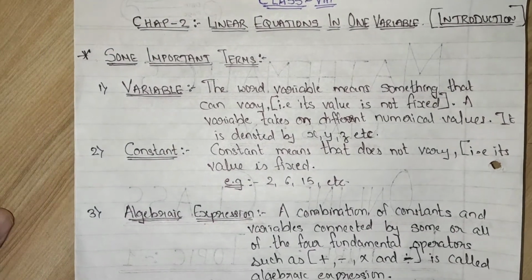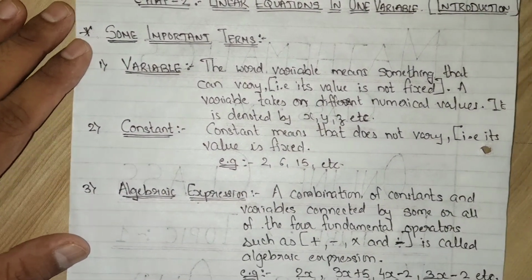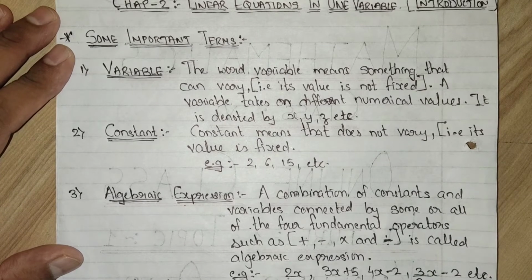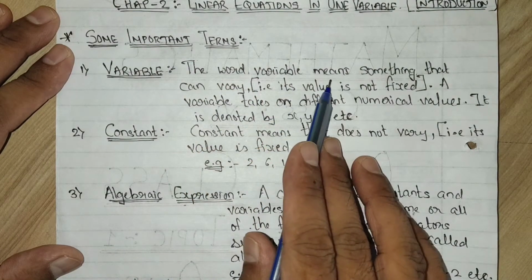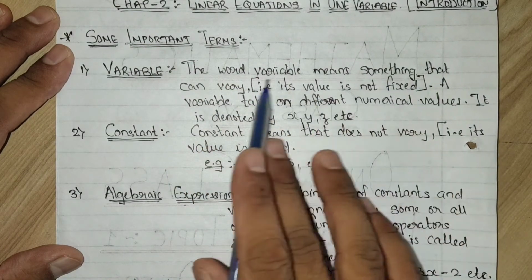First term is variable. Students, what is variable? Let me first read out to you what is variable and then explain to you. The word variable means something that can vary.